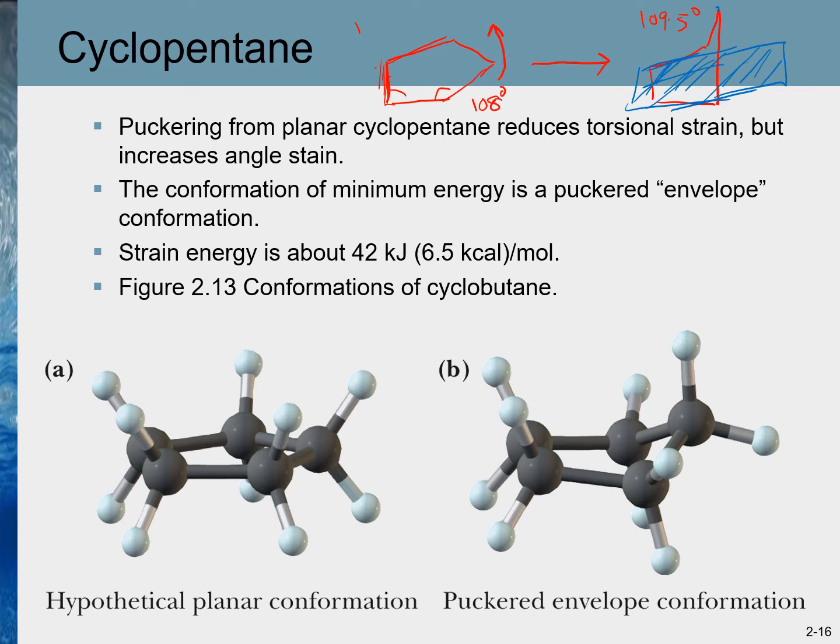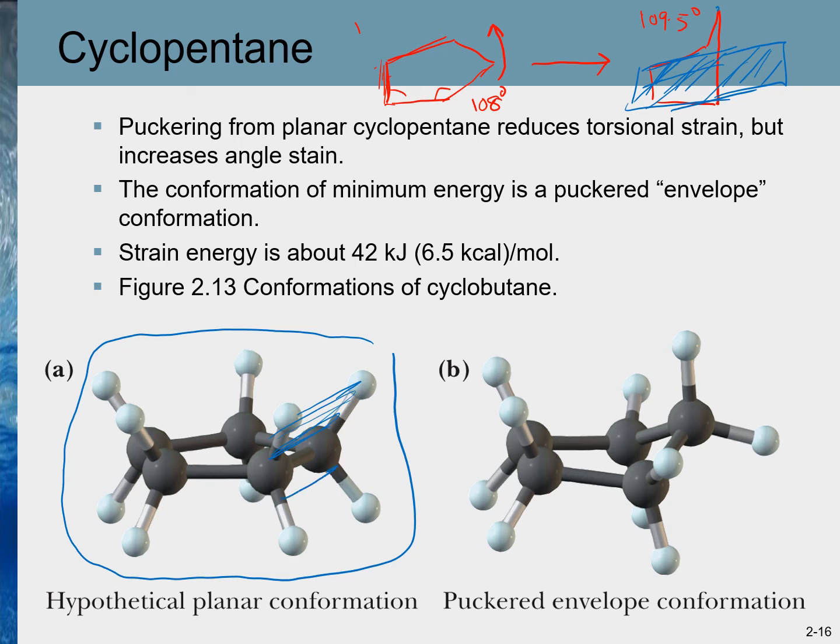The ball and stick model of cyclopentane in purely cyclic planar form is represented here, and as we can see, all these carbon hydrogens have zero dihedral angle in this conformation, which will result in an extensive amount of torsional strain.